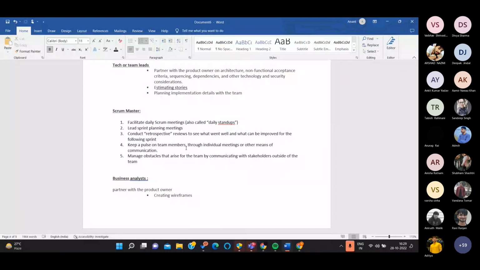So to remove this communication gap, or just to ensure that the communication between the team isn't held off, because in a smaller project there are not various blockers in terms of communication, because the team is small and they have regular communication.